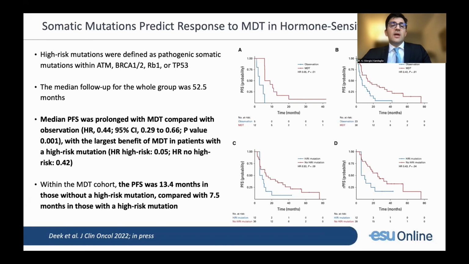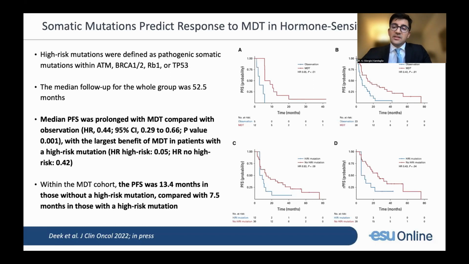At a median follow-up of approximately 5 years, we can see that patients with mutations in these genes were the ones with the largest benefit of metastasis-directed therapy compared to the ones without mutations.